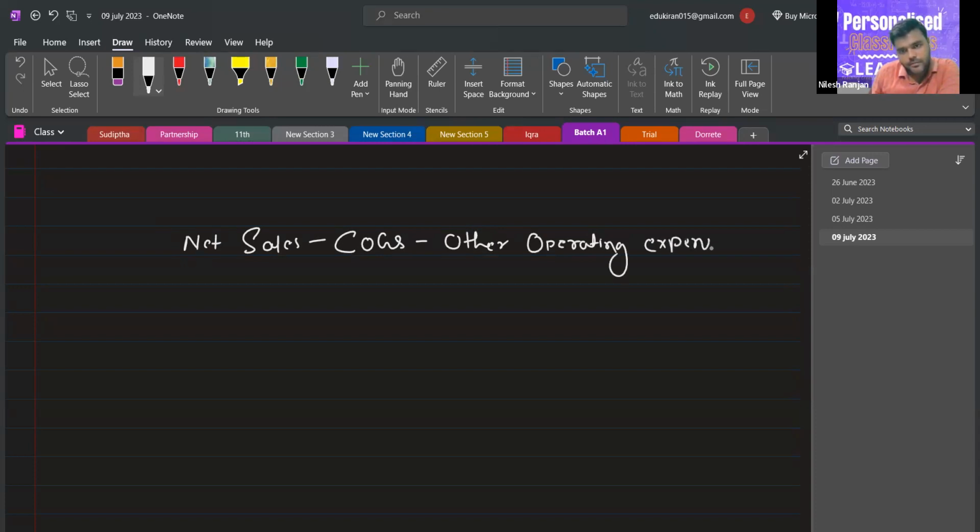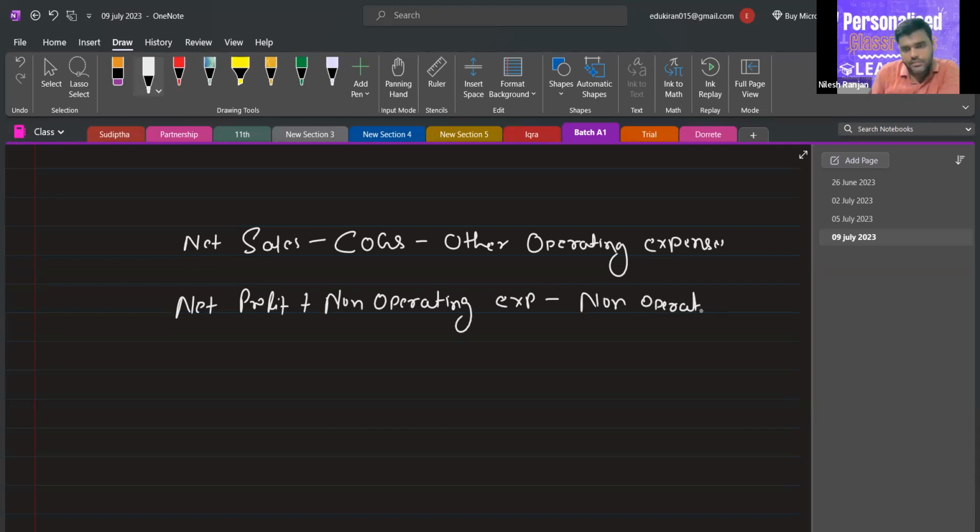There is one more formula we have used, which is net profit plus non-operating expenses minus non-operating income. So these two formula, you have to understand, you have to see the impact on these two formula. Any transaction will have impact on either the first one or the second.